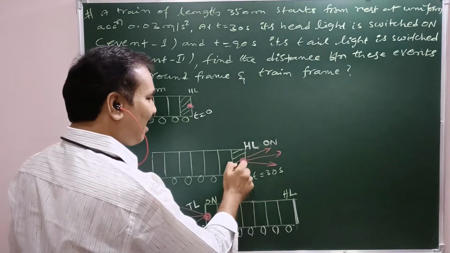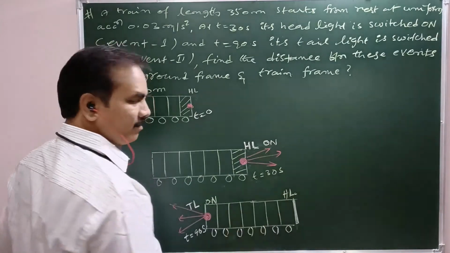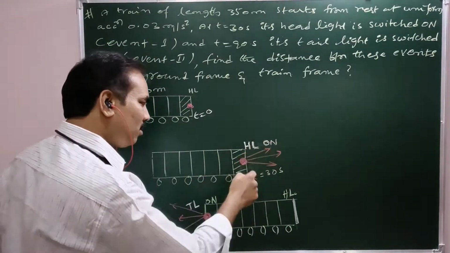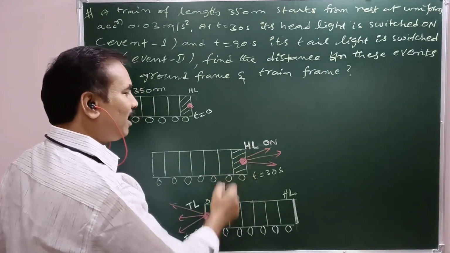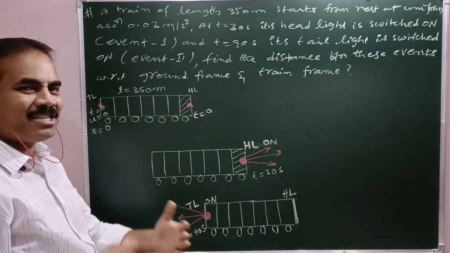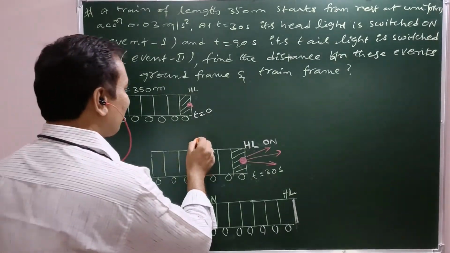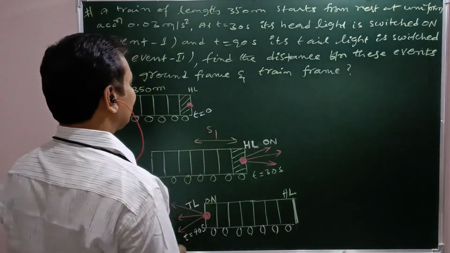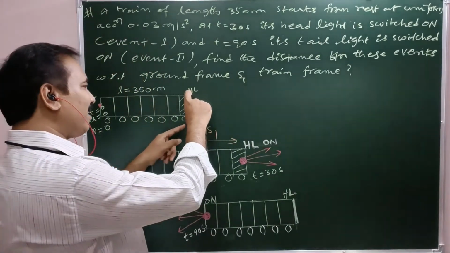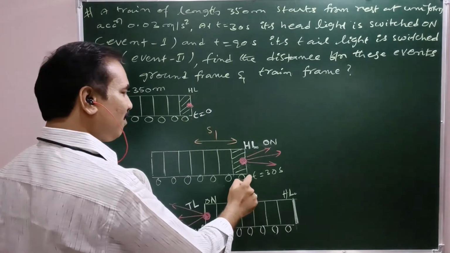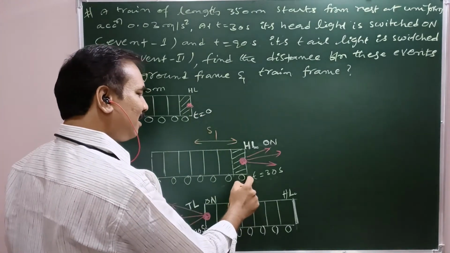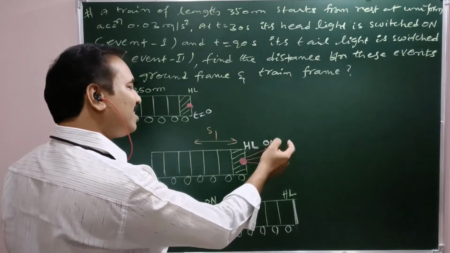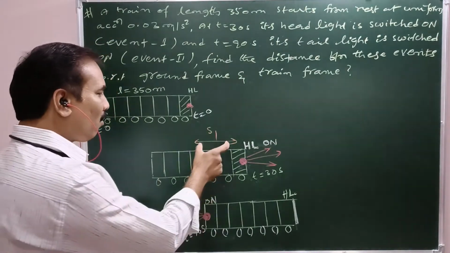See, this is the headlight from which rays are coming. Light is coming out. Now what is the distance covered by the headlight from here to there? This is the distance covered by the headlight, S1. This is the initial position of the headlight at t equal to 0, and this is the final position at t equal to 30 seconds at which the headlight is on. Now what is S1?